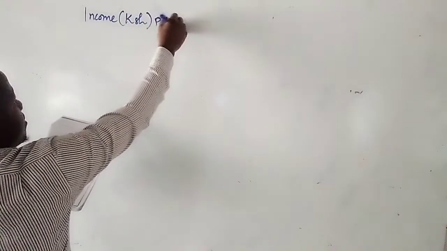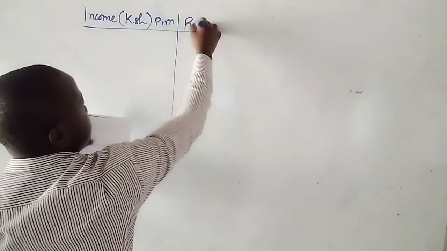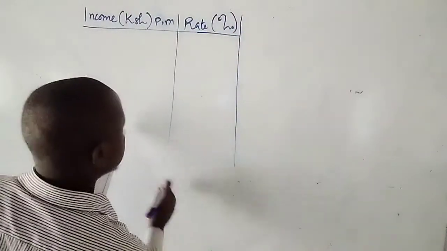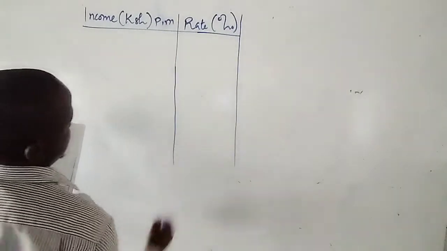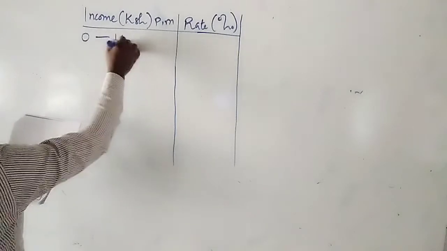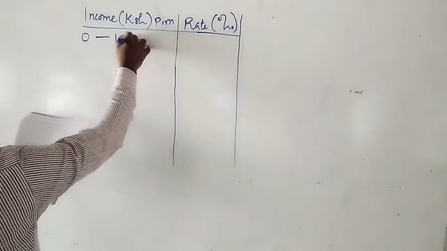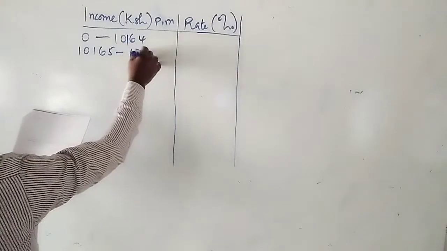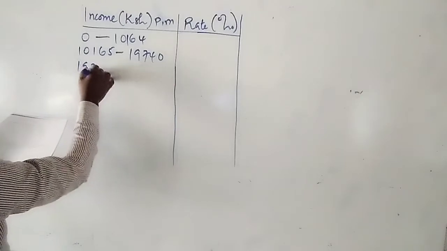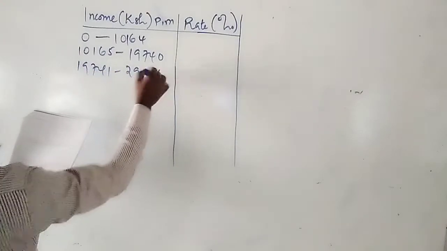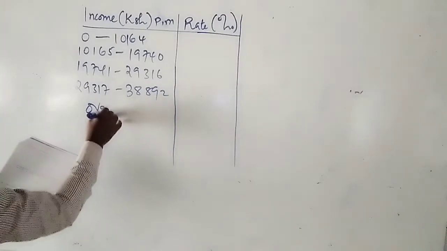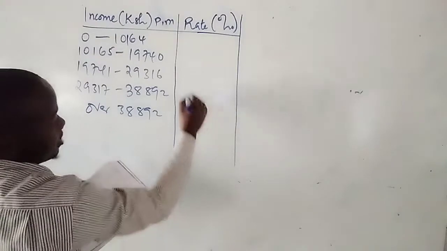We have the income in Kenya shillings per month, then we have the rate as a percentage. 10,165 up to 19,740, then 19,741 up to 29,316, then 29,317 up to 38,892, then above 38,892.